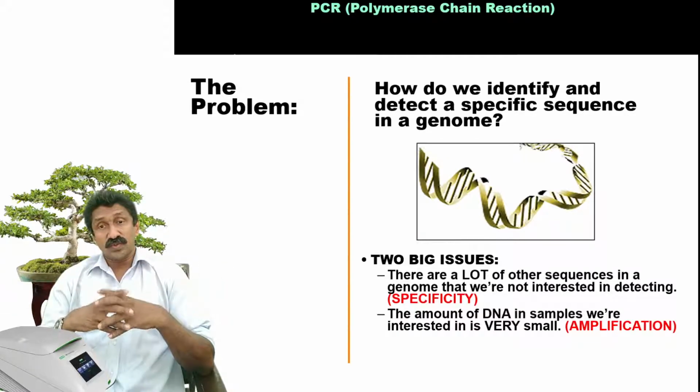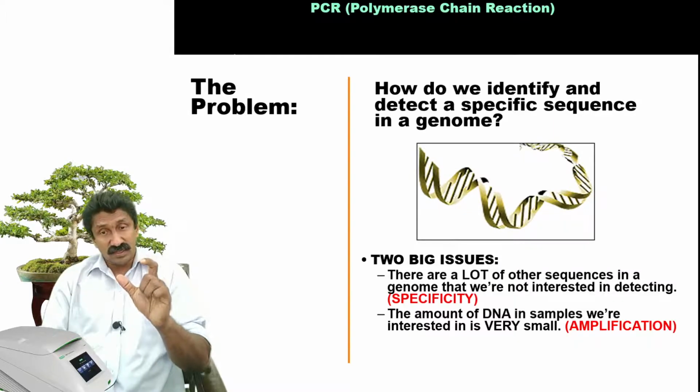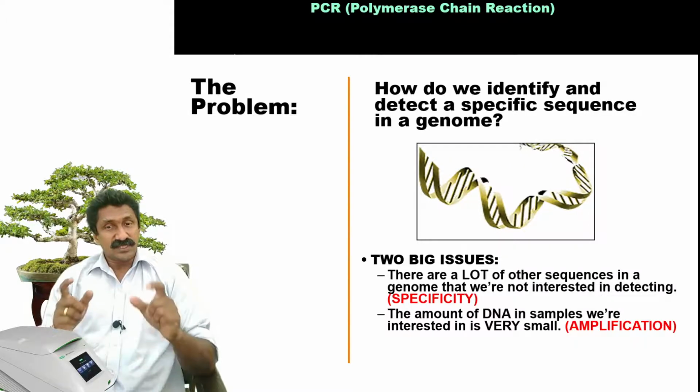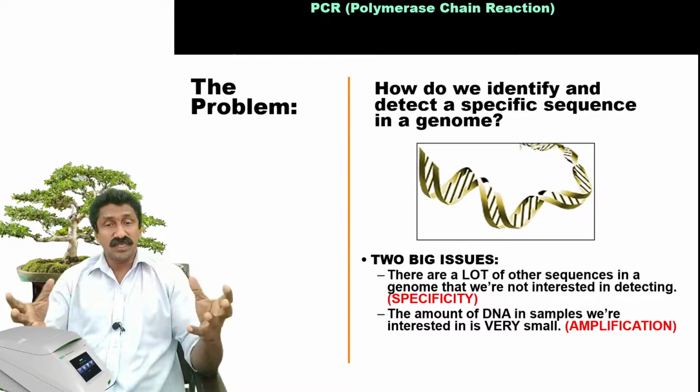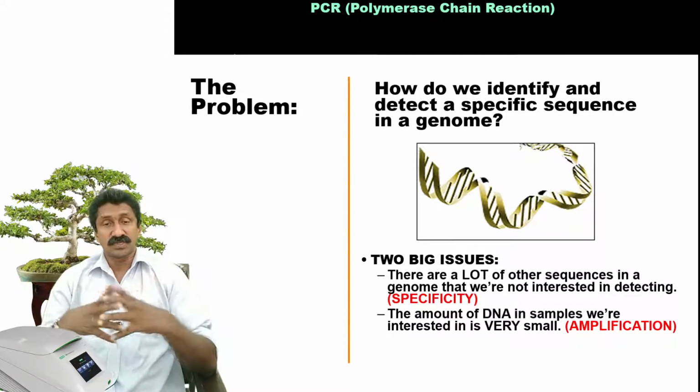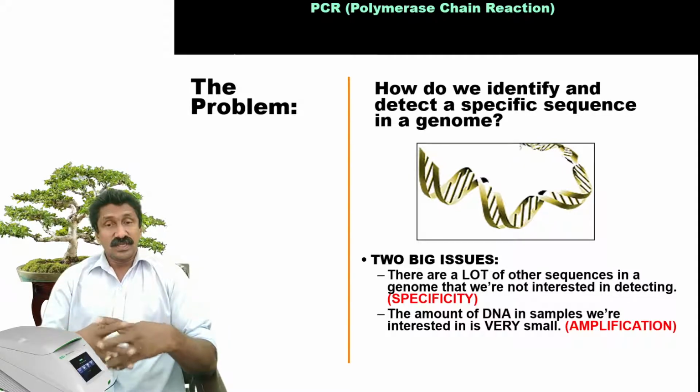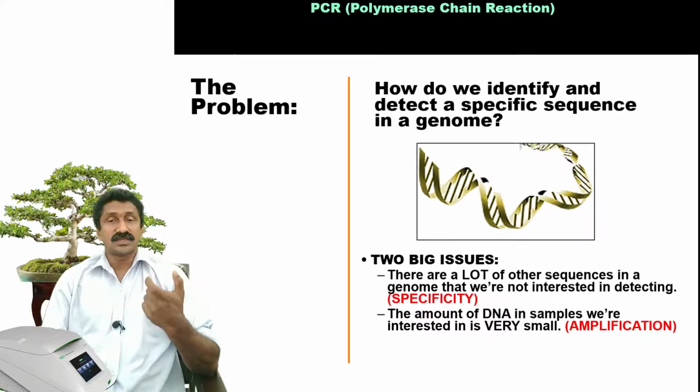So if you want to identify the location of this concerned gene of 500 base pair length, you need to specifically locate that region from the huge amount of the DNA or the overall content of the genome that is present in the 3 billion base pairs. So in that case, identifying the specific sequence, the specificity, is one issue.